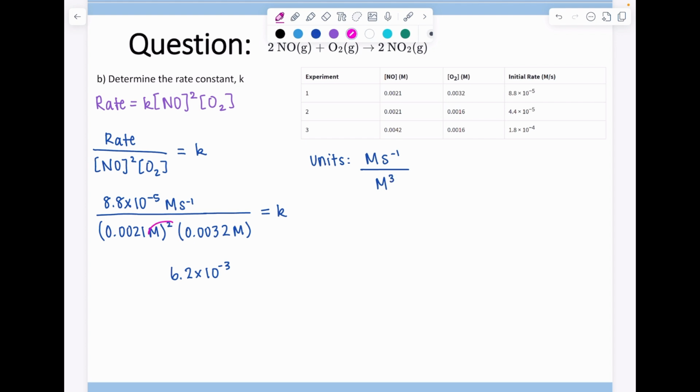So the molarity in the numerator cancels out with 1 in the denominator. So we have seconds to the negative first power over molarity squared, or we can write this as molarity to the negative second power and seconds to the negative first power. So those are our units for K. And there's our K value.